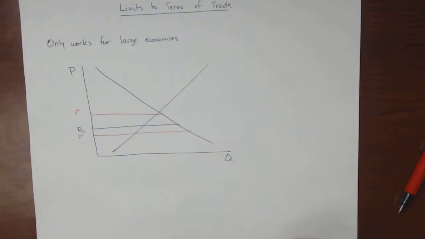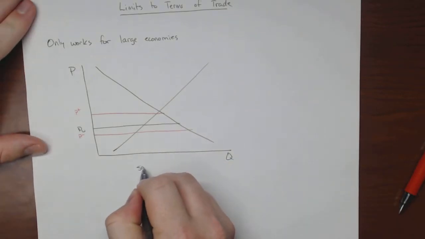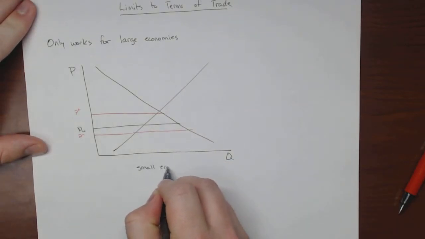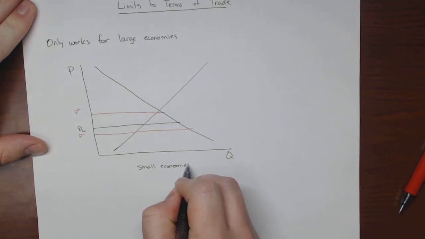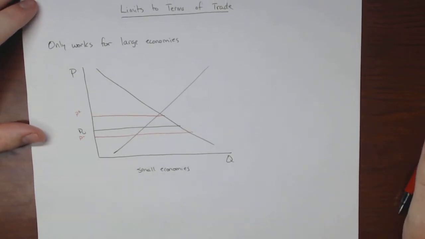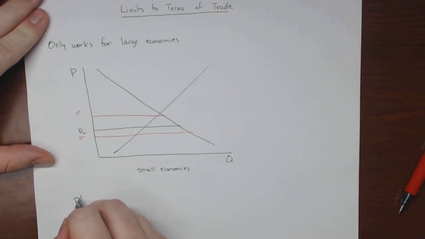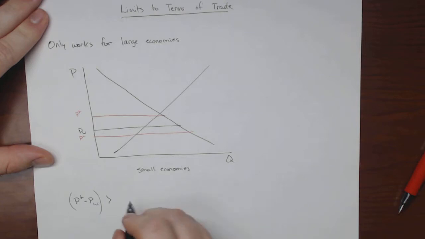So here, for small economies, what tends to happen is the incidence of P plus minus PW tends to be far greater than PW minus P minus.